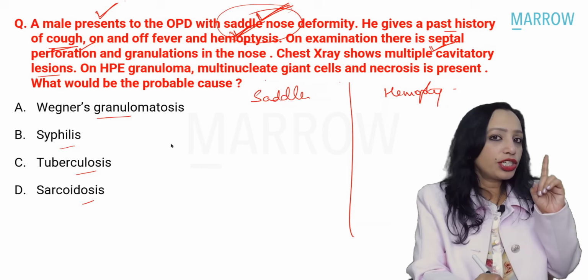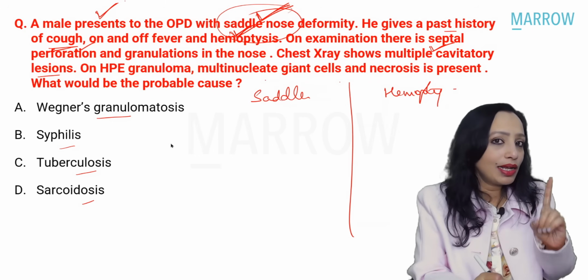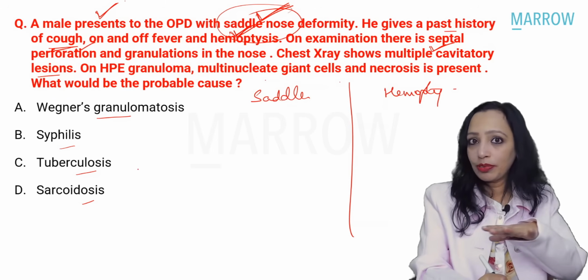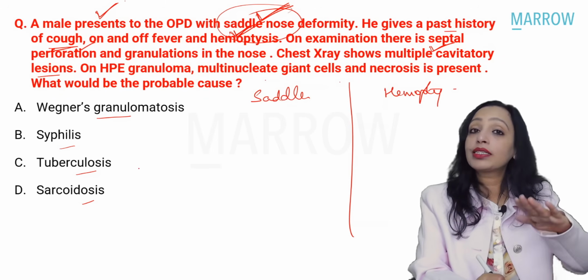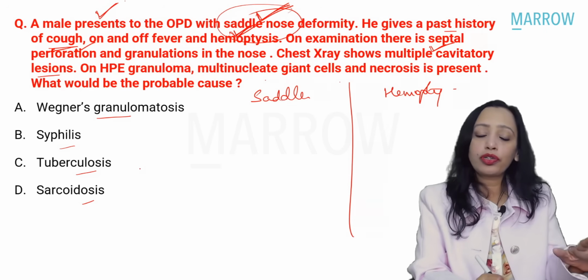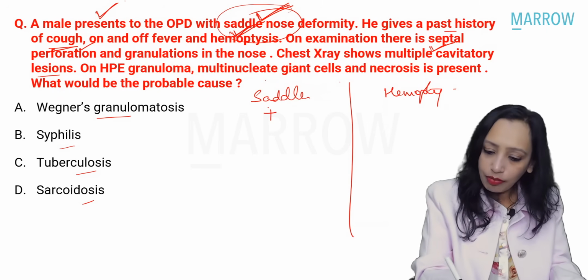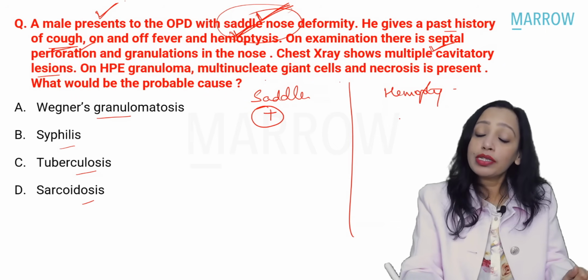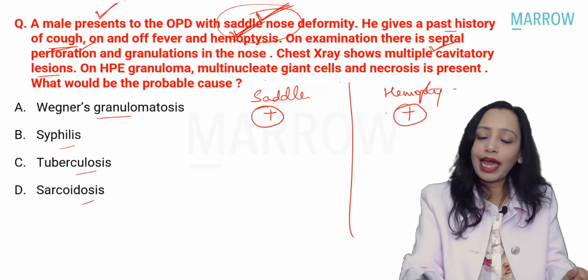It causes perforation both in the cartilaginous as well as the bony part. So the destruction of the septum is widespread, and in early stages also it can lead to a lot of destruction of the nose. So saddling can be present here. Hemoptysis in Wegener's, yes, cavitatory lesions are present, so it can be present.